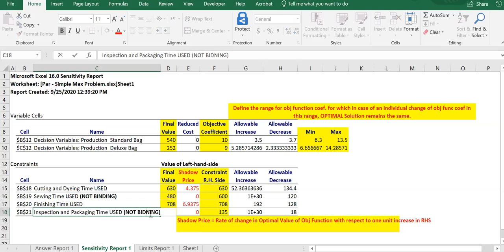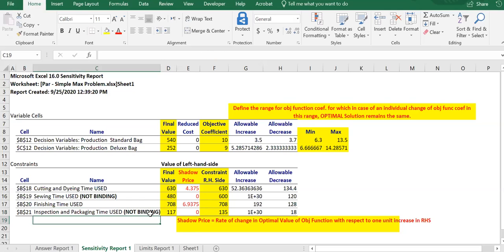Binding, it's a typo here. They're not binding. So shadow price is positive. It can be positive. Sometimes it's still 0 for a binding constraint. But when you have non-binding constraints, shadow price is always 0. Because if this is not binding, if you have right now 600 and you're using only 480, you're not going to increase your usage if instead of 600, there was 601 units, right?